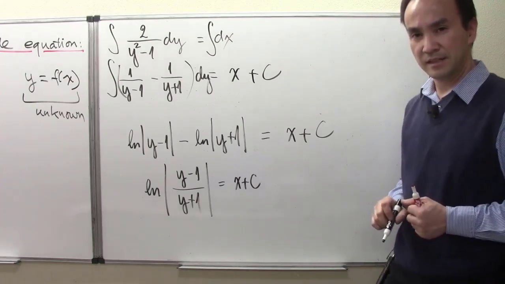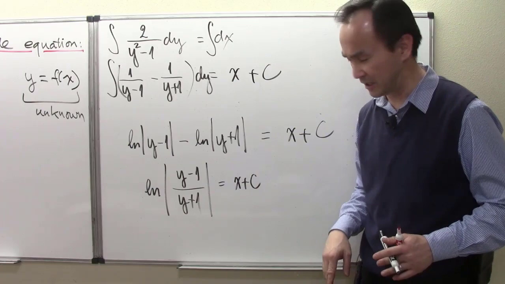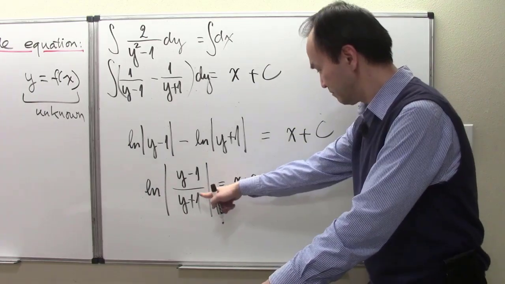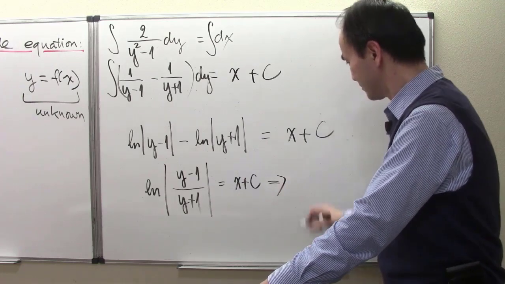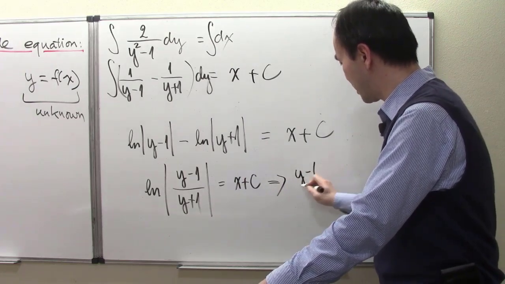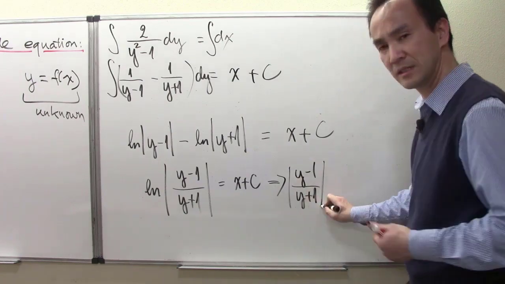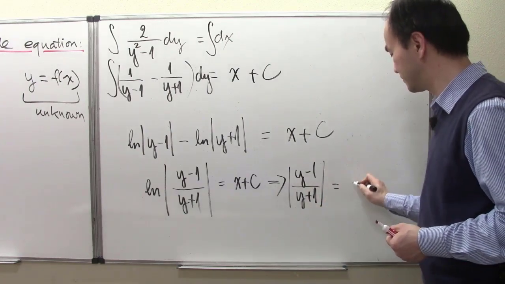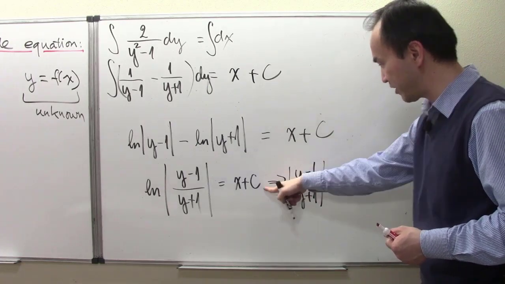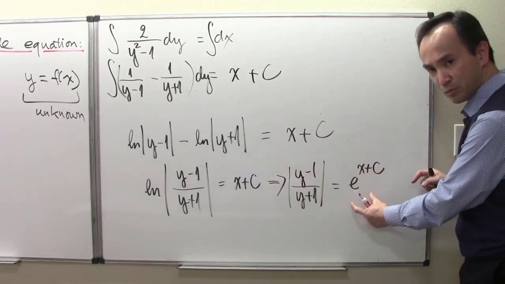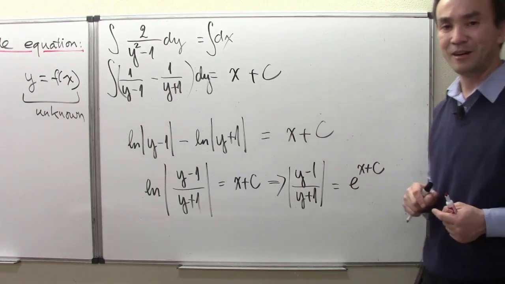Starting from this step on, it's entirely algebra. So algebraically, I'm going to rearrange this equation to make y minus 1 over y plus 1 in absolute value equal e to the x plus c. So the c got carried on but became part of the exponential function e to the x plus c.